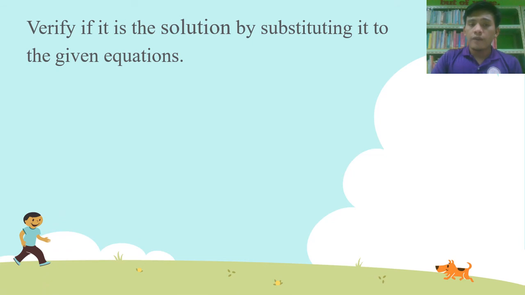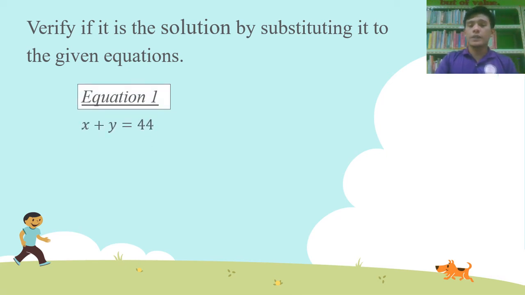Then we need to verify our solution by substituting it into the given equations. For our equation 1, which is x plus y is equal to 44, from our intersection point, the value of x is 40 and the value of y is 4.